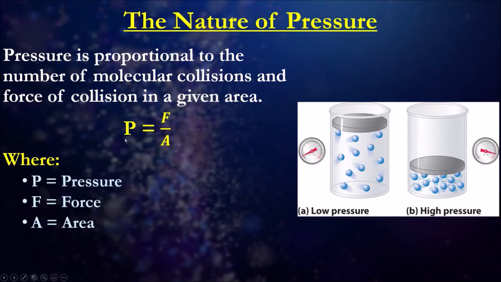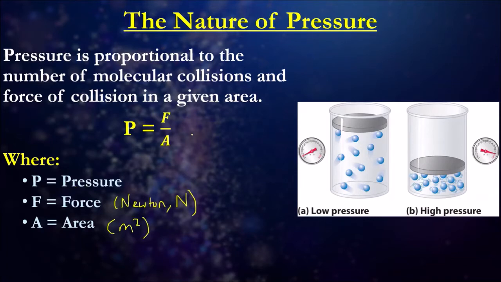So P is pressure. That equals F, which is the force over area. For those of you who are curious about what units we use, force is given in newtons, which we give a capital N. Area is in meters squared.